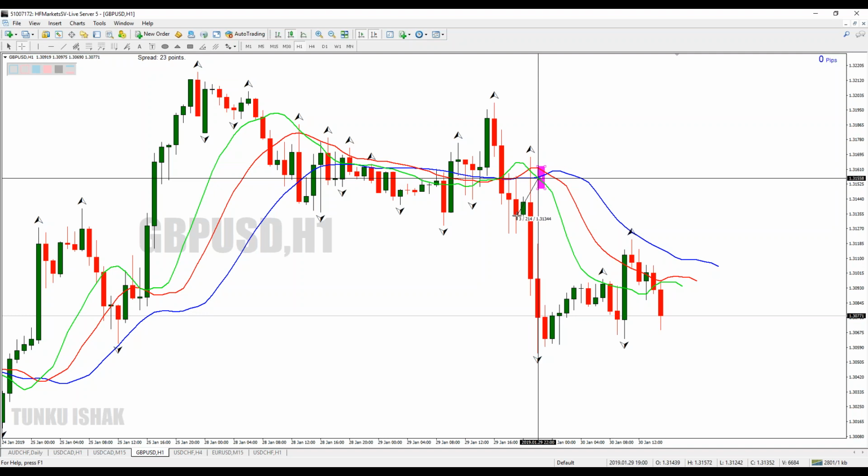Here is your entry point. Here is our entry point, this candle. Okay. Rule number 1. Crossing this candle.